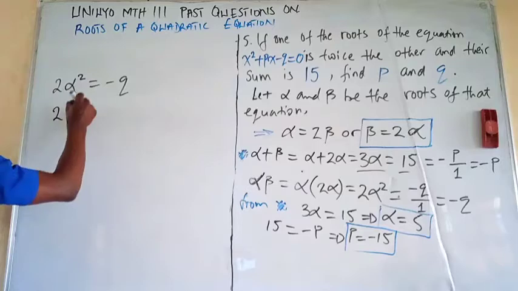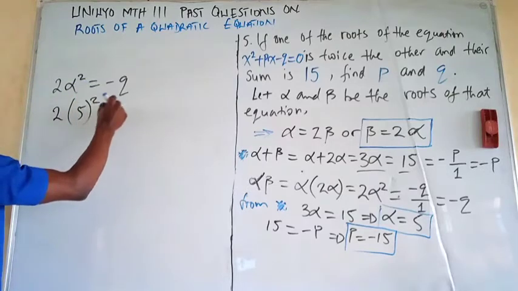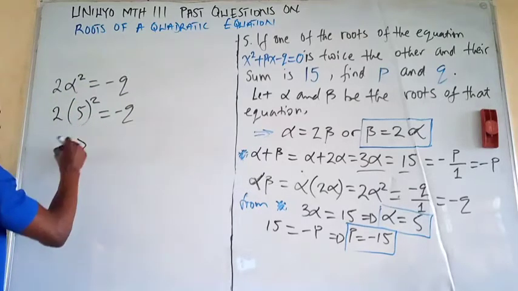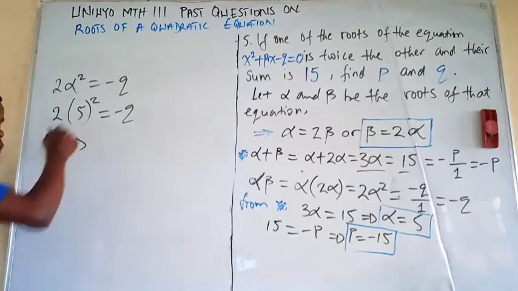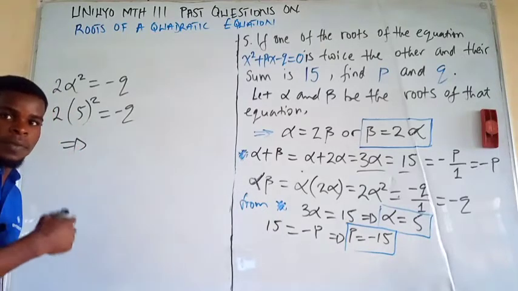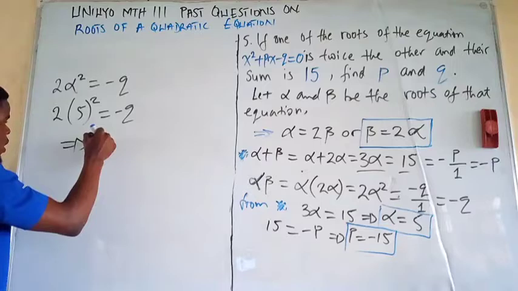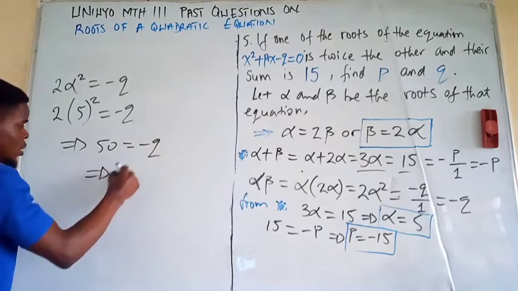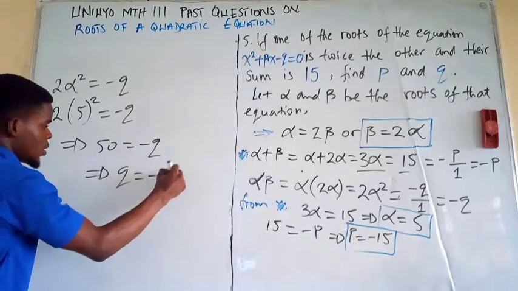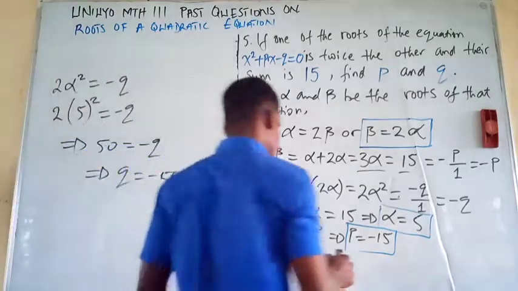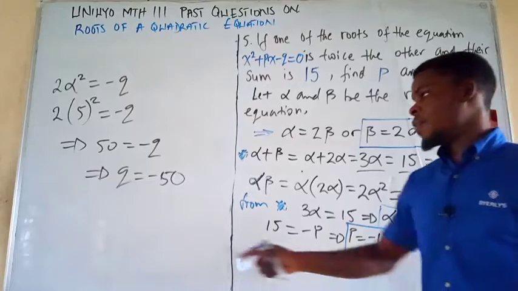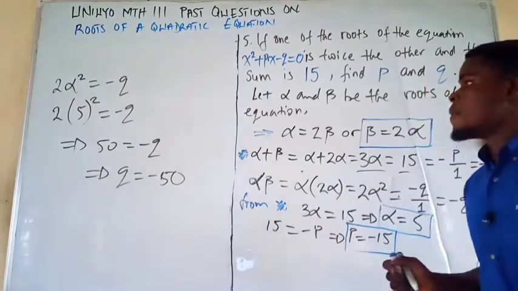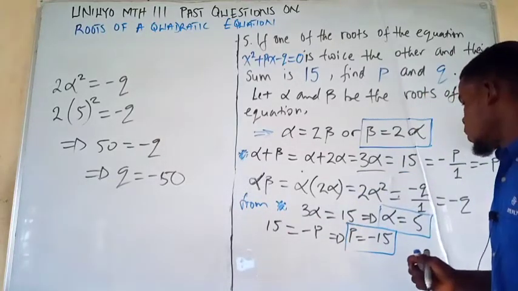That means that 2 times 5 squared is the negative q, which means that 5 squared is just 25, and 2 times 25 is 50, which means that 50 is negative q, which implies that q is negative 50. So the value of p is negative 15, and the value of q is negative 50.